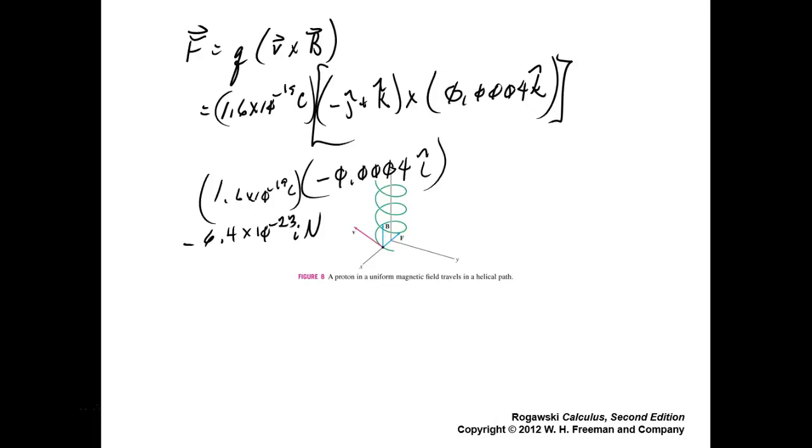Okay, let me think. What have they done here? Oh, wait. Sorry, I'm misseeing something. It said V has a magnitude of 10 to the 6 meters per second. I missed that one.